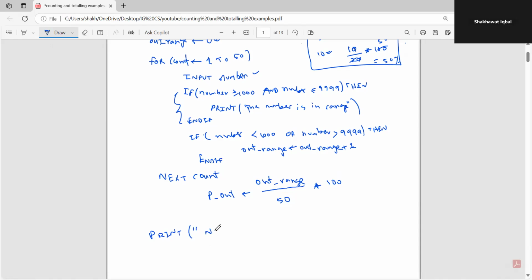Now we're gonna print out. Print number of out range is, out range, the name of the variable. For example, you have 10 numbers, out of 50, 10 are out of range.